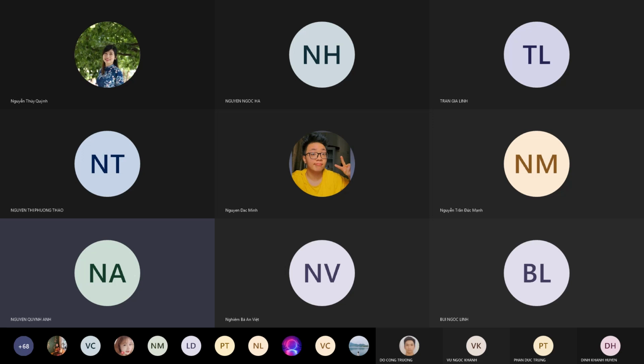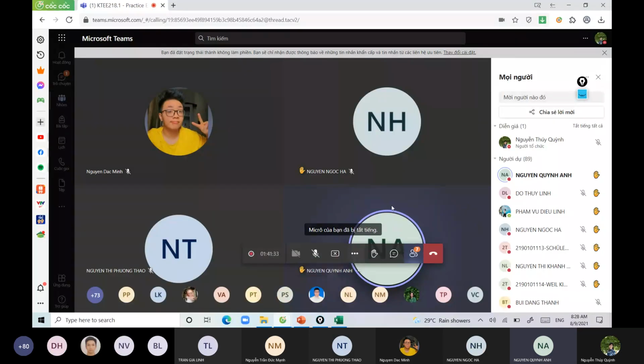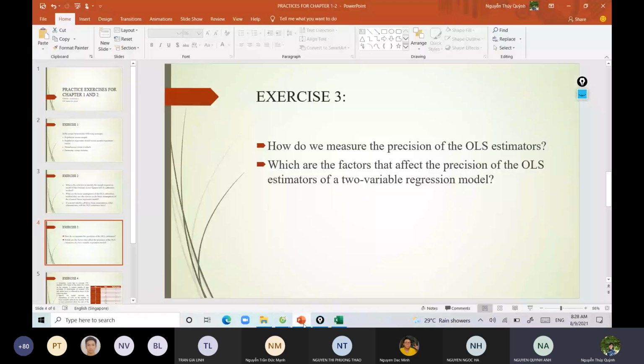To measure the precision of the OLS estimators, we use the variance and standard deviation of the OLS estimators. Okay, all right.